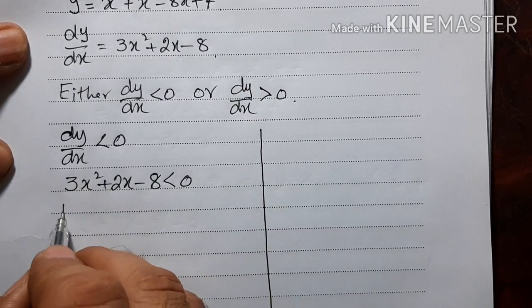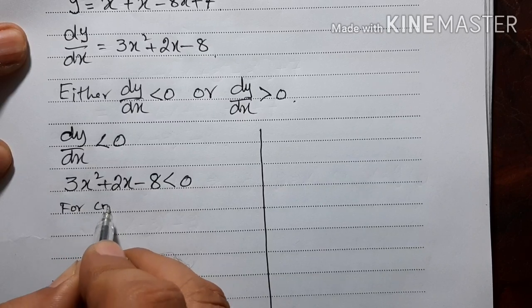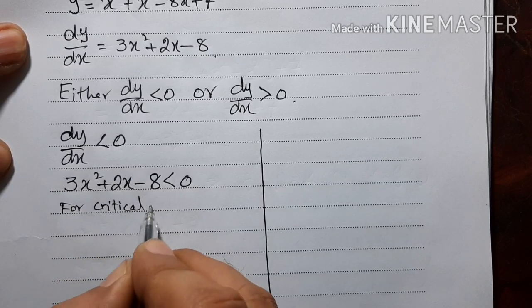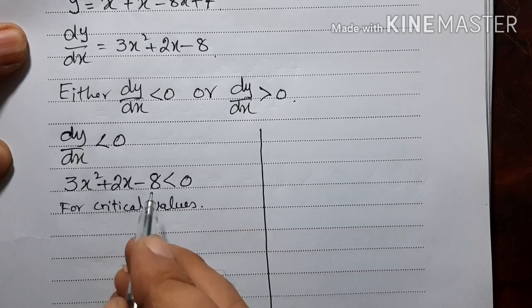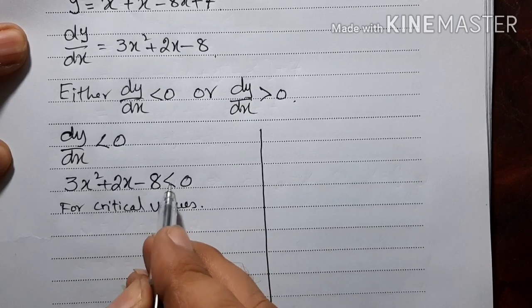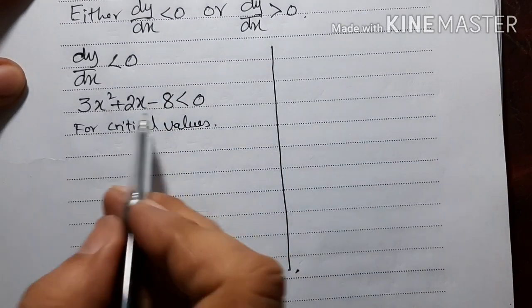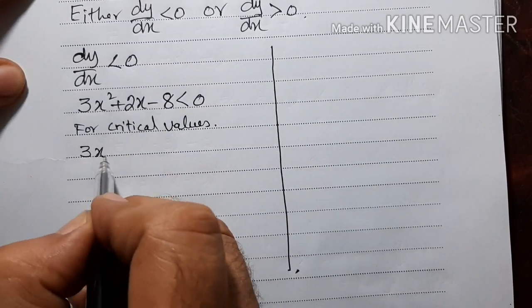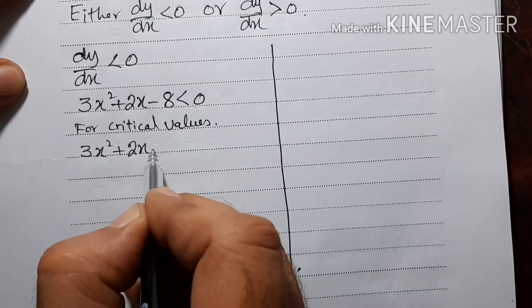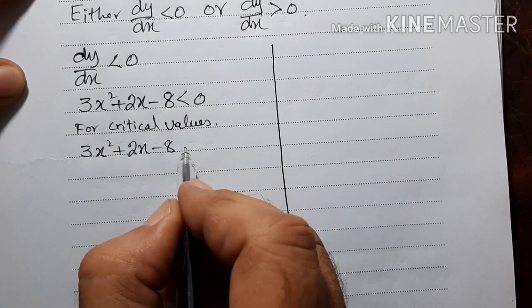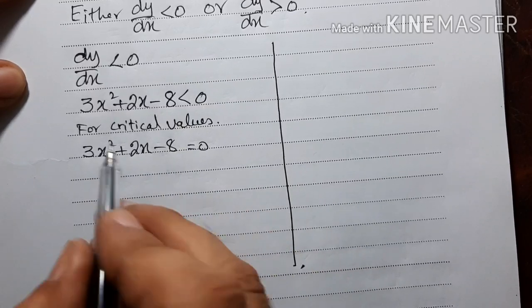For the critical values, I will suppose for a moment that this is equal to 0, because I need the two roots of this equation. So 3x squared plus 2x minus 8 is equal to 0 for the moment.